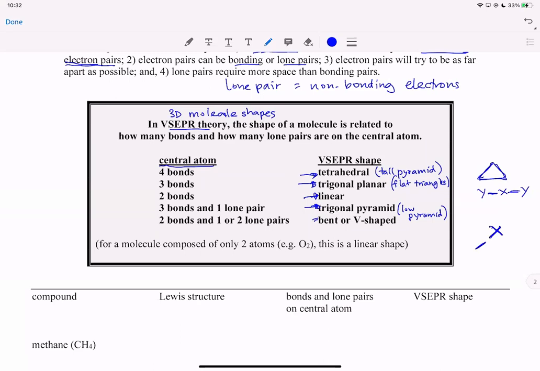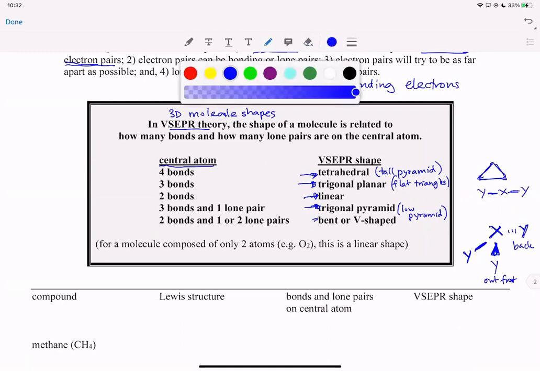The base of 3 has 1 bond that's in the plane of the paper, 1 bond coming out front, which is what this thicker arrow is, going out in front of your paper. And then you have a dashed line, which is 1 bond going out back, behind the plane of the paper. So this is like the tripod base of the tall pyramid, but it doesn't have a top. And why does it not have a top? Because there's a lone pair sitting on top that you can't see.